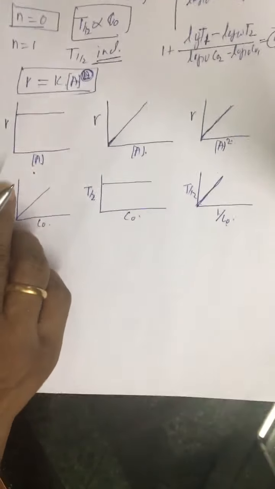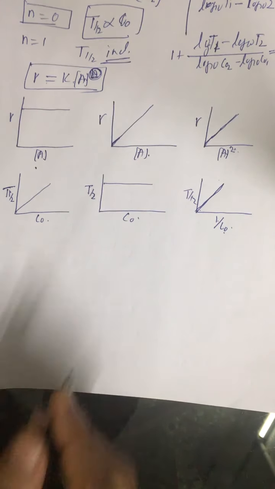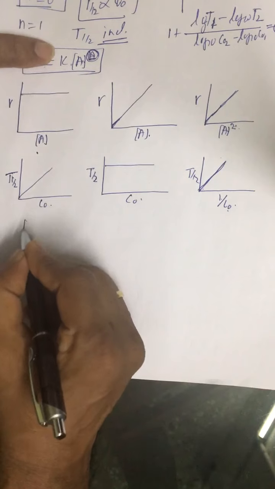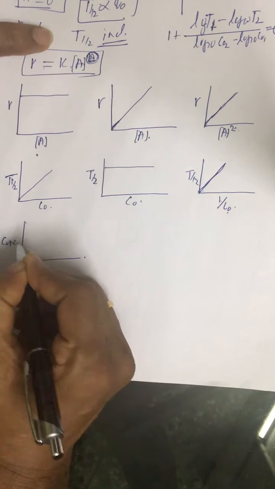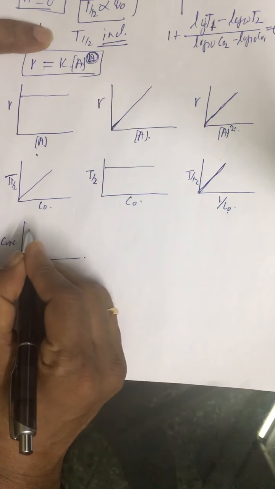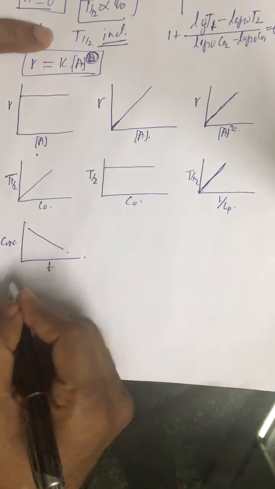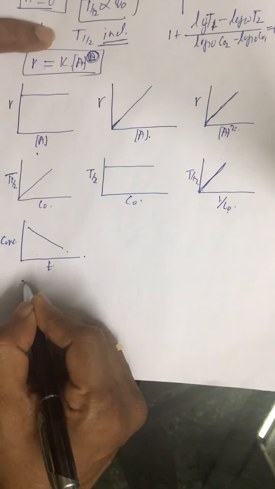And the last method is very important, that is concentration. We draw a graph between concentration and time, and you get this kind of graph. For that you must know the relation for zero order reaction.